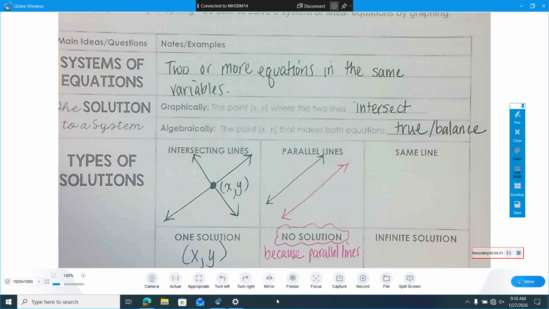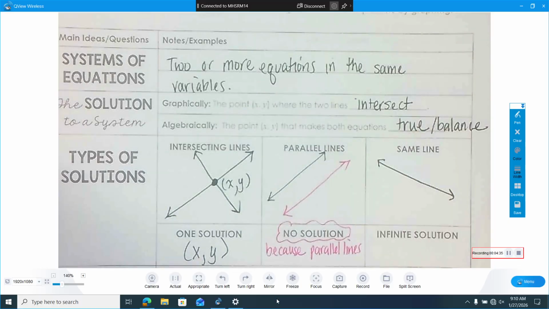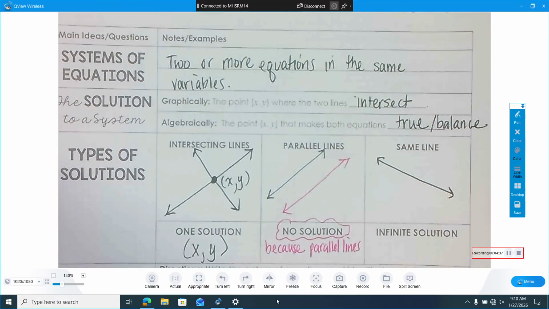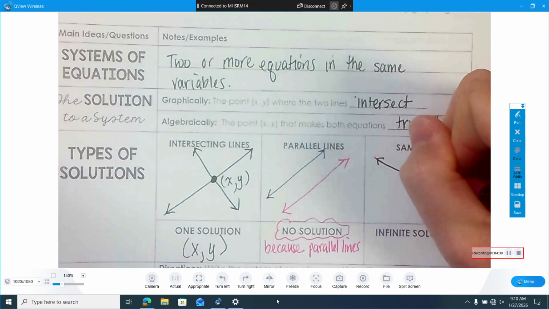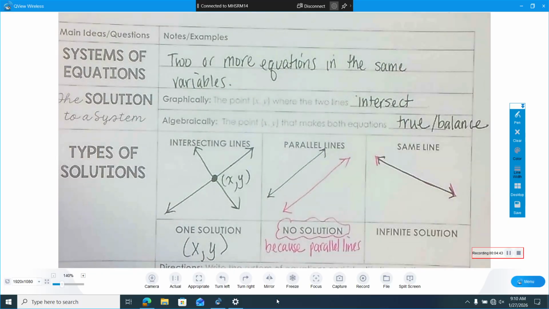But also, we could have, hey, here's a line. And then I have a second equation. Hey, and they graph the exact same line. So how many times do they intersect? All the time. They're stacked right on top of each other.